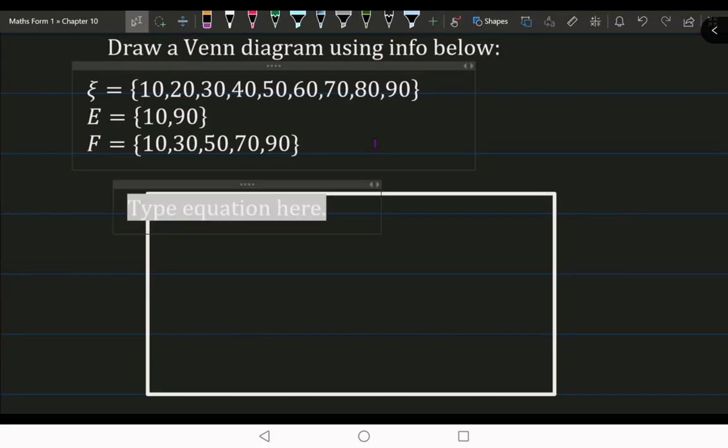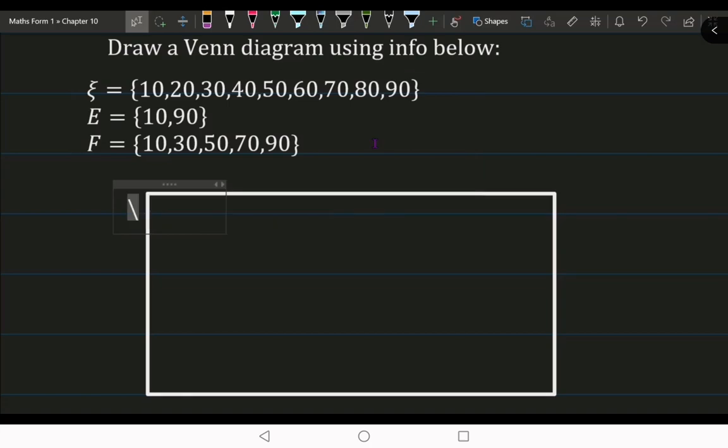So you need to write down the universal set. Usually the universal set is represented by a square or rectangle.